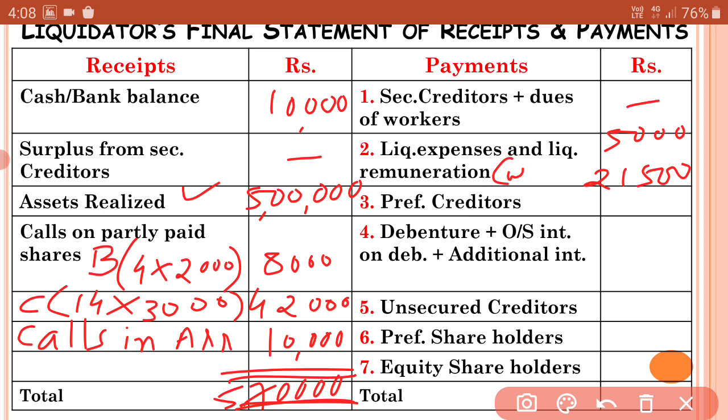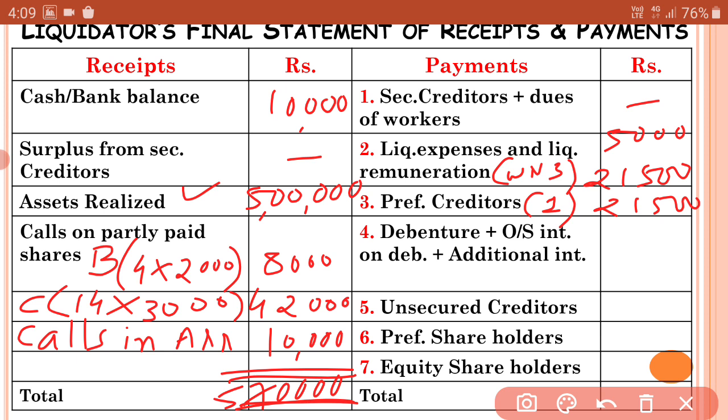So you write in the bracket working note 3 also. Bracket can be written if you want. Then preferential creditors also 21,500 in the working note 1.